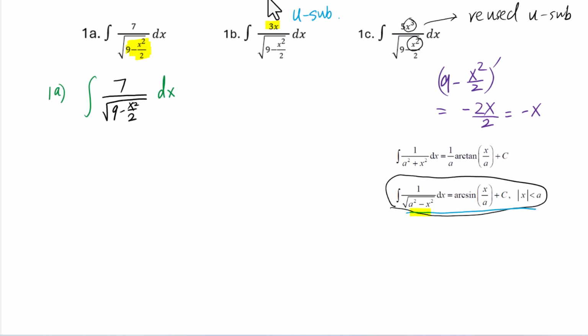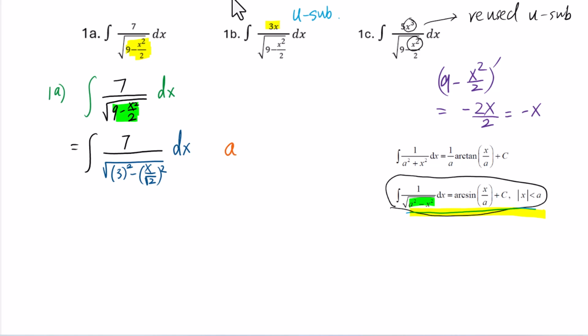Let's use this formula for 1a. First step, you need to change this into a squared minus x squared form, which is square root of 3 squared minus (x over square root of 2) squared dx.